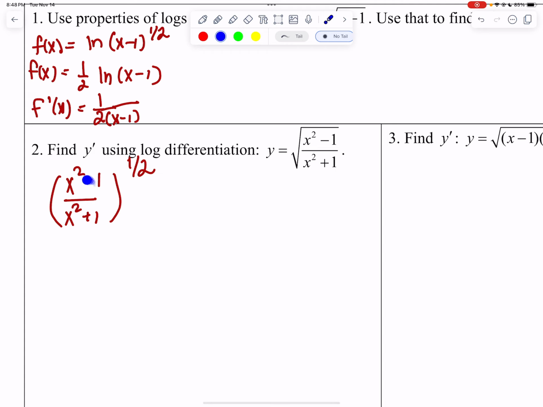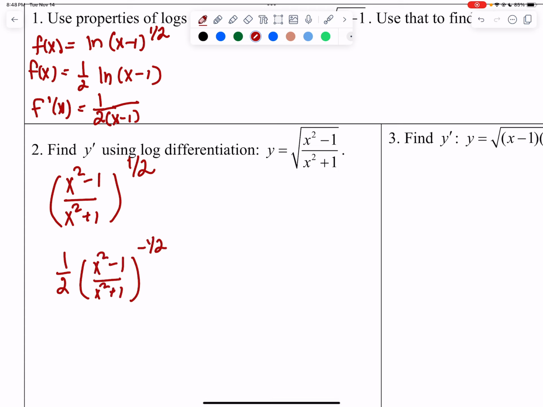And then since this is division, I have to use quotient. This is going to get messy pretty quickly, because I'm going to have 1/2 times x squared minus 1 over x squared plus 1 to the negative 1/2. And then I have to take the derivative again in terms of quotient. And that's going to be a mess.